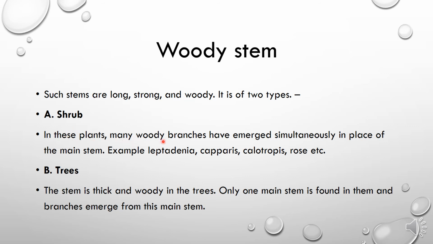In these plants, many woody branches emerge simultaneously at the place of the main stem. Examples are Calotropis, rose, etc. Shrubs are this type of stem which is not too long, and attains a certain height above the ground. And trees are thick, woody, and tall. Only one main stem is found in them, and branches emerge from this main stem.